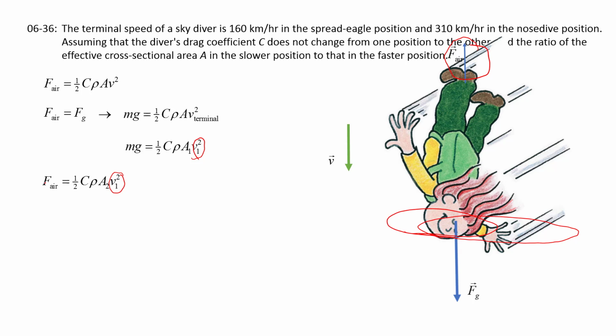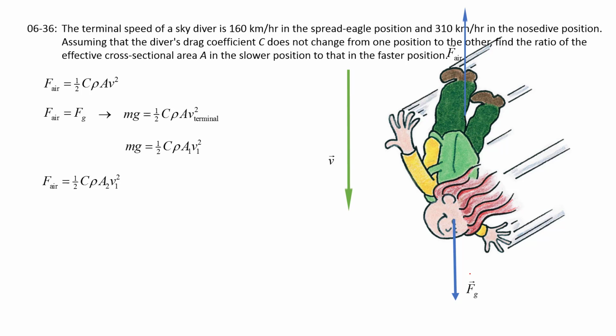But of course, what happens now is the force of gravity is bigger than the air resistance force, so there's going to be acceleration. The skydiver is going to increase speed, so we can watch that happen. The velocity increases, and at the same time the air resistance force is increasing as well, and the velocity just increases until the force of gravity and the air resistance force are again equal to each other.